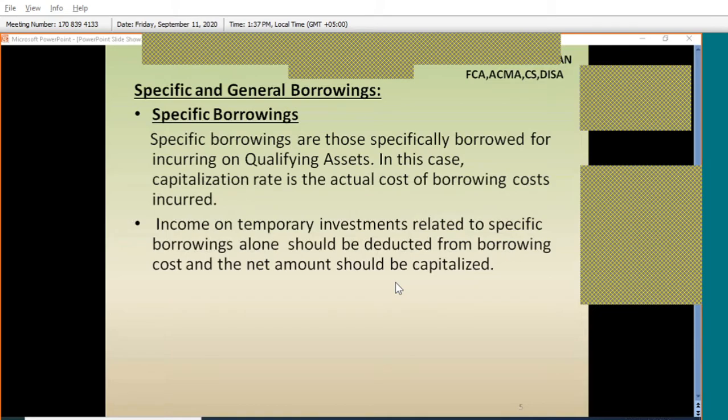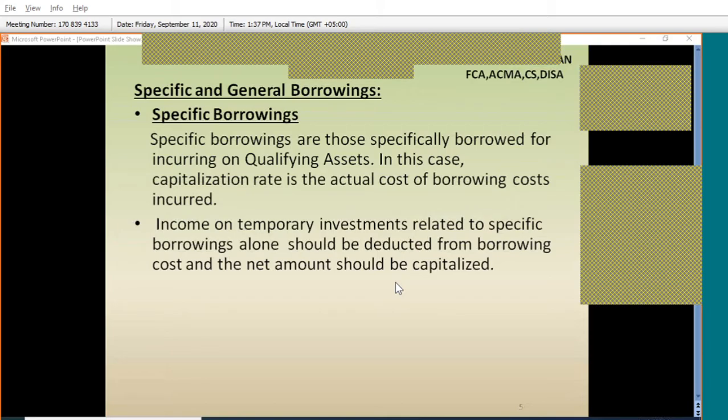So what I did, I kept that 100 crore in deposit for a temporary period. I got some interest income out of that deposit. What will I do? That income is generated from idle money kept in my bank account. I borrowed from the lender, I did not fully use it for my project, so I deposited it somewhere and I am getting some interest income. That interest income should be adjusted with the interest paid to my banker. That is what they are saying here.